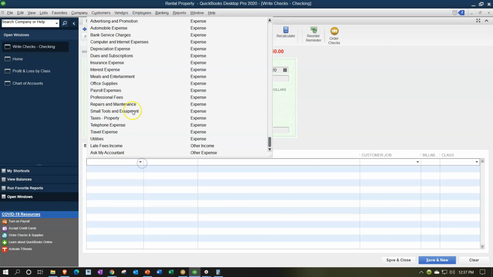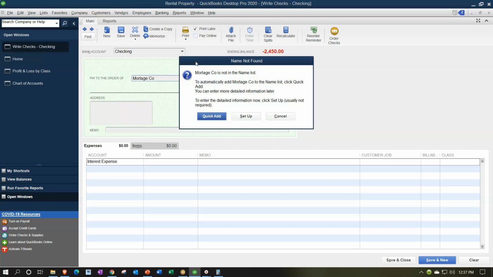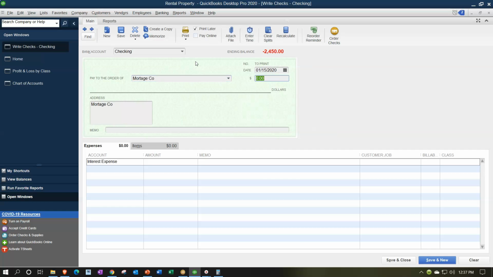And then we're going to say that we had insurance. Interest would be another one. This would basically be the mortgage most likely. So we're going to say mortgage company. And then if I spelled things wrong, I apologize. I'm deeply sorry if I offend anybody with my spelling.